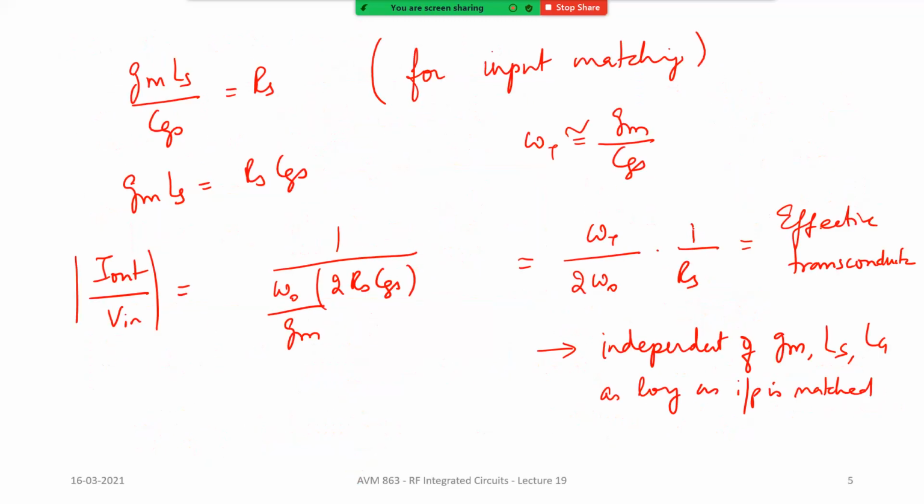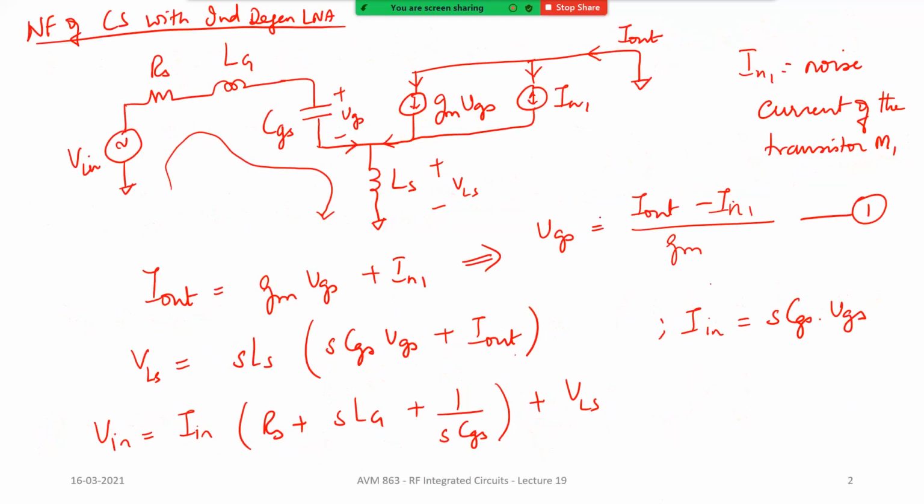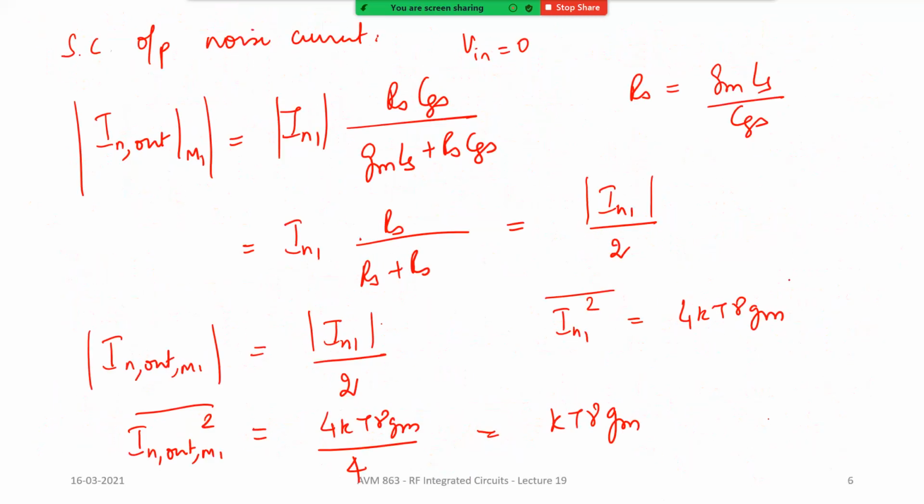And the beauty of this architecture is that the only noise contributor so far is the device only, because all the other things are taken to be ideal. In practice, what happens is this LG will also have some noise, right? So let me write it here. Let's say this is the topology that we have talked about.